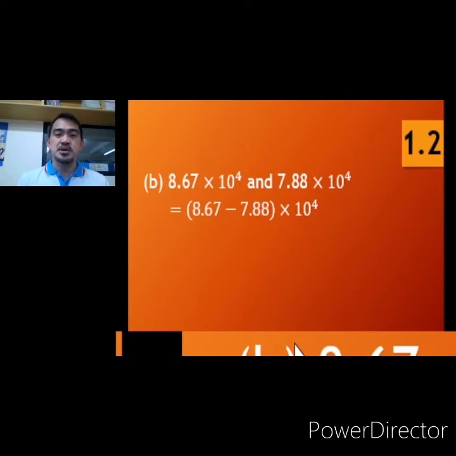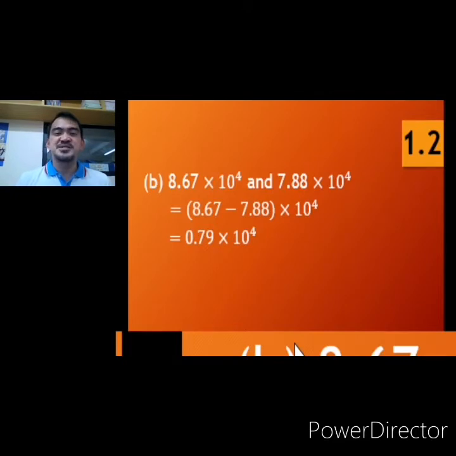That is equal to the quantity 8.67 minus 7.88 times 10 raised to 4. And the difference between these two numbers is 0.79 times 10 raised to 4.